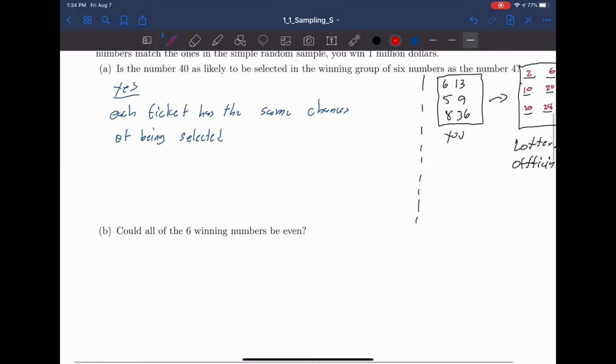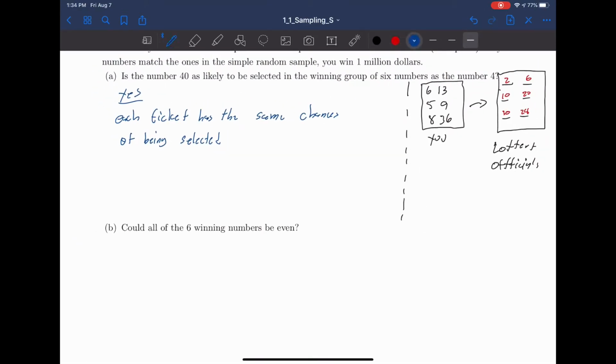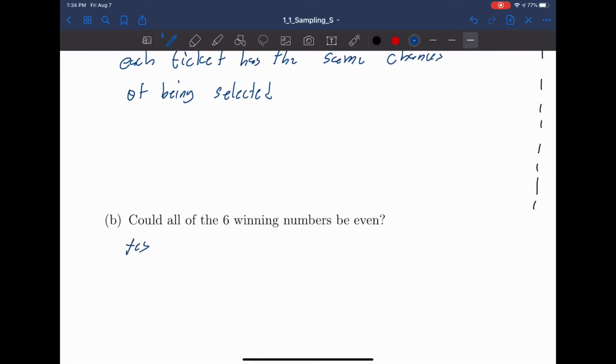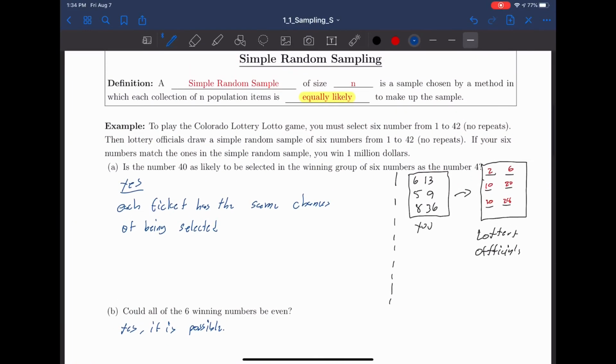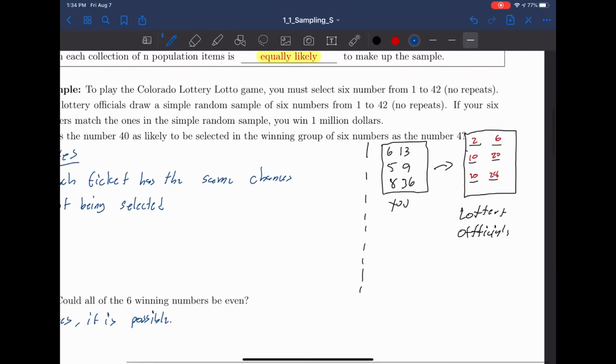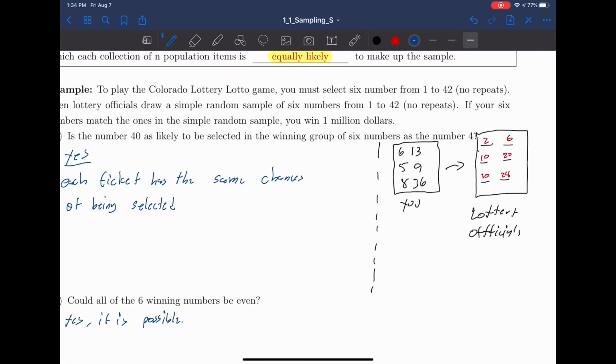Can that ever happen? Again, the answer is yes. It is possible. Remember, in a simple random sample, every number has an equal chance of getting selected.